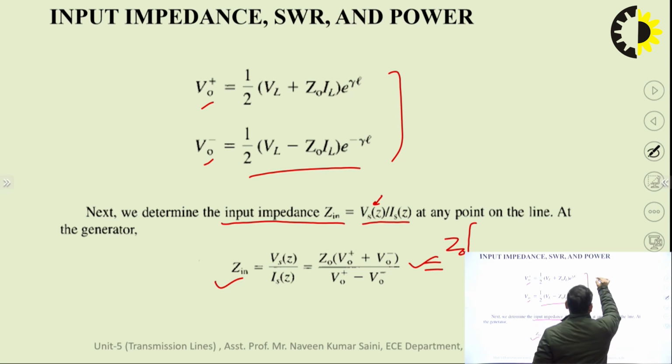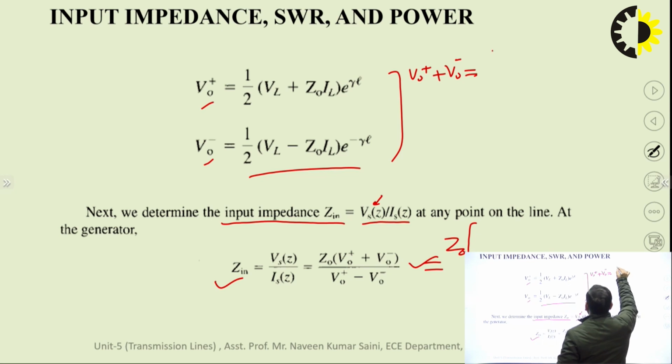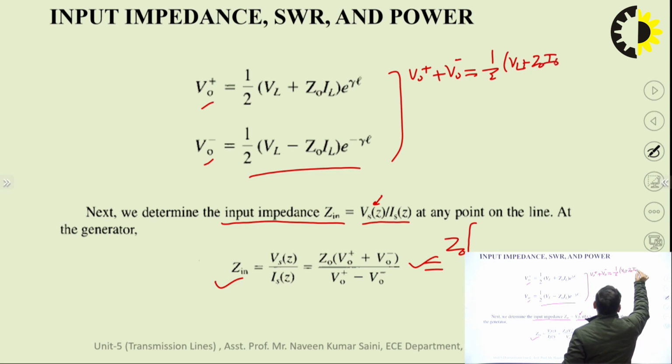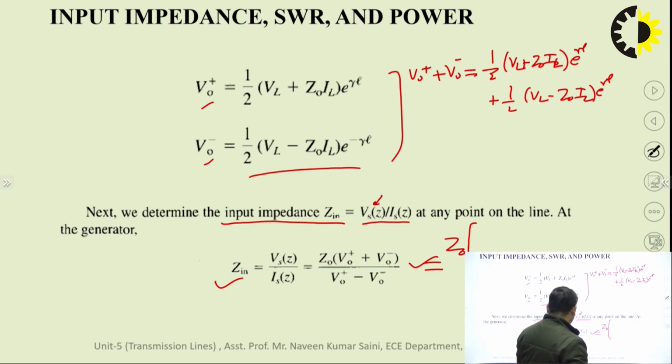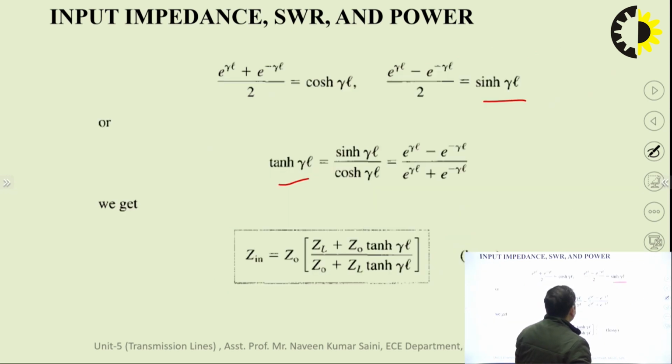So, if we put it, then it will be half VL minus Z naught IL e to the power gamma L plus half VL minus Z naught IL e to the power gamma L. Clear? Fine.